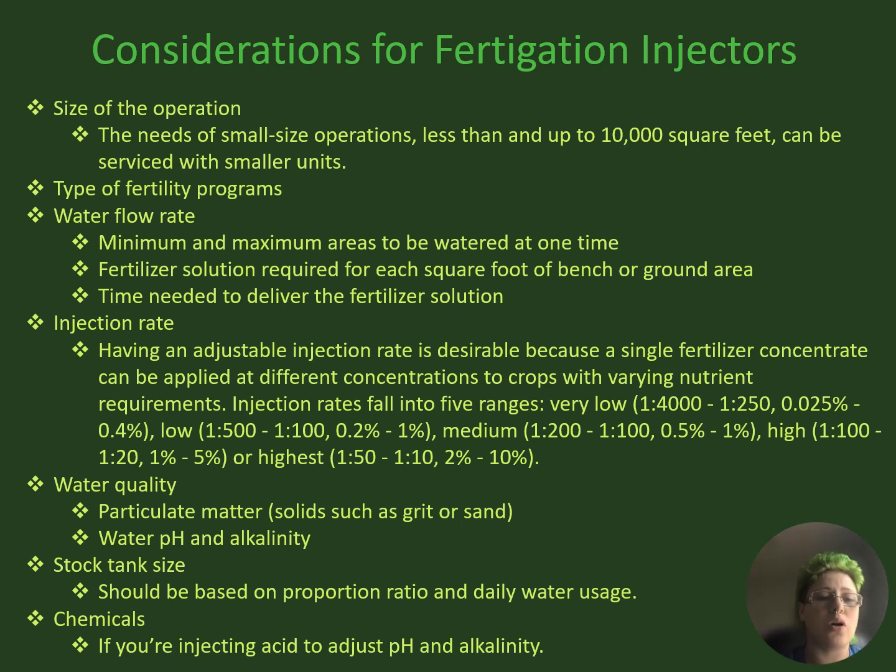You must consider the water quality, the particulate matter, solids such as grit or sand, and also water pH and alkalinity, which can affect your operation. You must consider the stock tank size, which should be based on proportion ratio and daily water usage. You must also consider the chemicals.